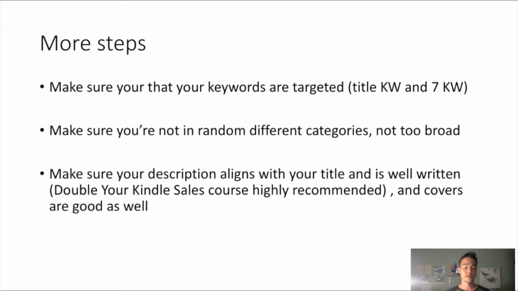All right, so the next one is make sure your description aligns with your title and is well written. Basically, if your book title is Ketogenic Diet for Women, and in the subtitle it claims 30 recipes for women to lose and burn fat fast, right? Your description better talk about the same thing. You know what I mean?